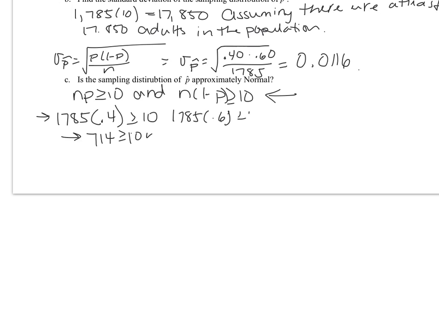We have to make sure that it's greater than or equal to 10. So again, we put that number in our calculator, or we can just take 714 and subtract it from 1,785. And we're going to get 1,071, which is greater than or equal to 10. Therefore, approximately normal, right? Or you just rewrite this sentence, sampling distribution, right.